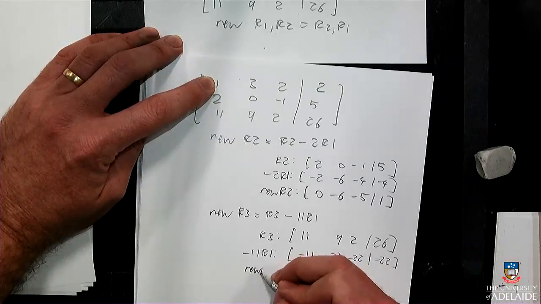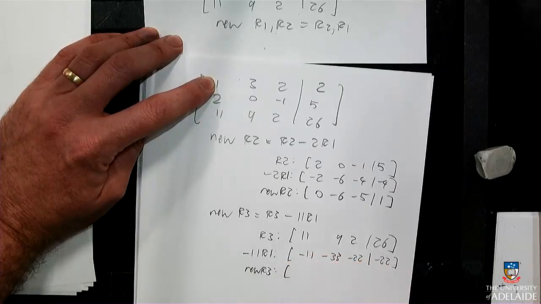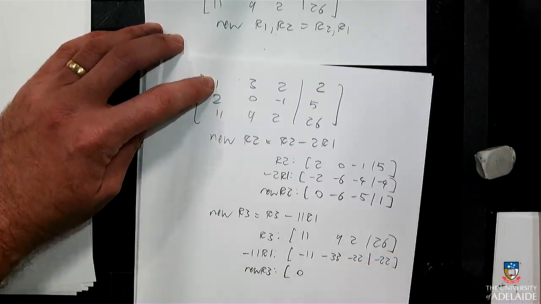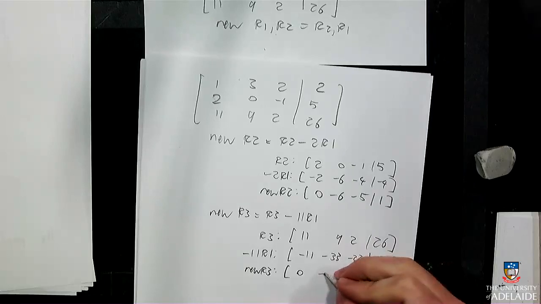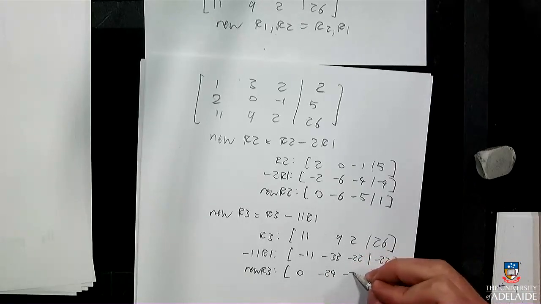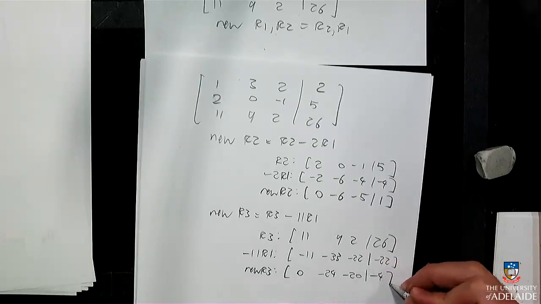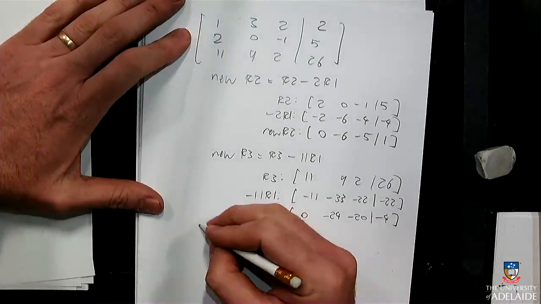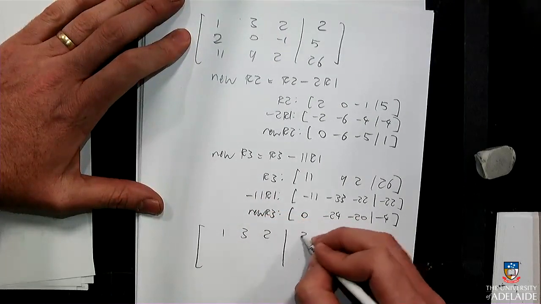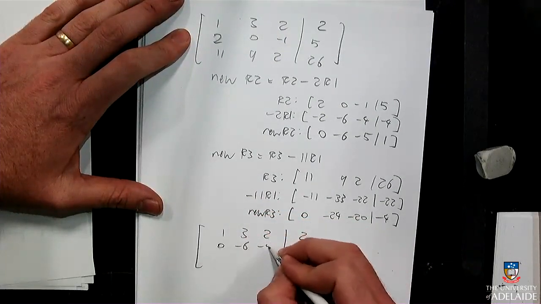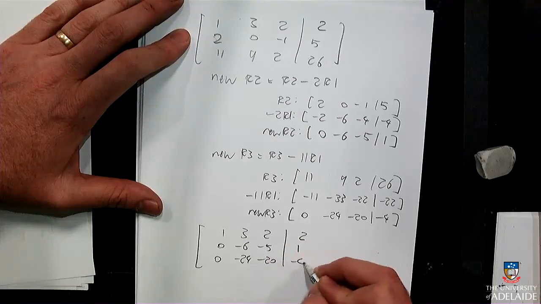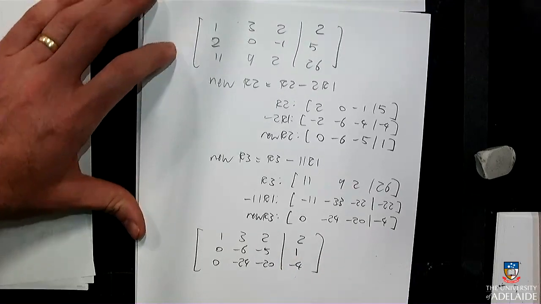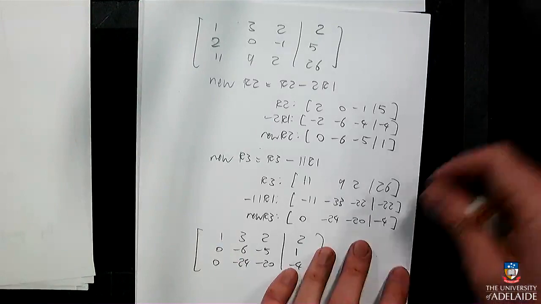And so my new row 3 is 0, and now 33 minus 9 would be 24, so minus 24, minus 20, minus 4. And so it's become 1, 3, 2, 2, then 0, minus 6, minus 5, 1, and 0, minus 24, minus 20, minus 4.